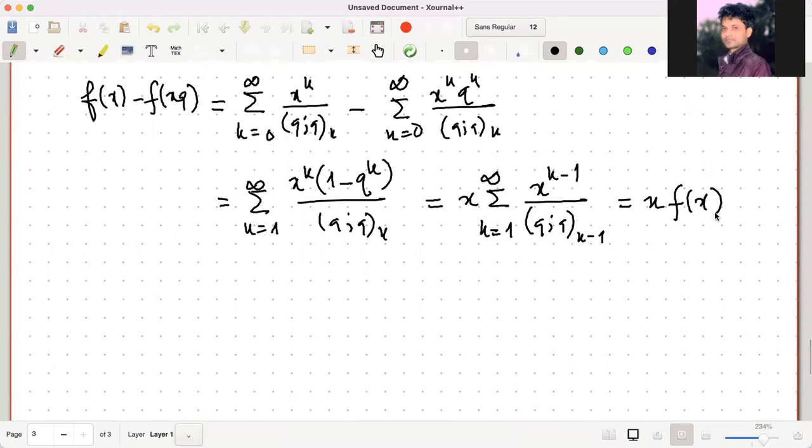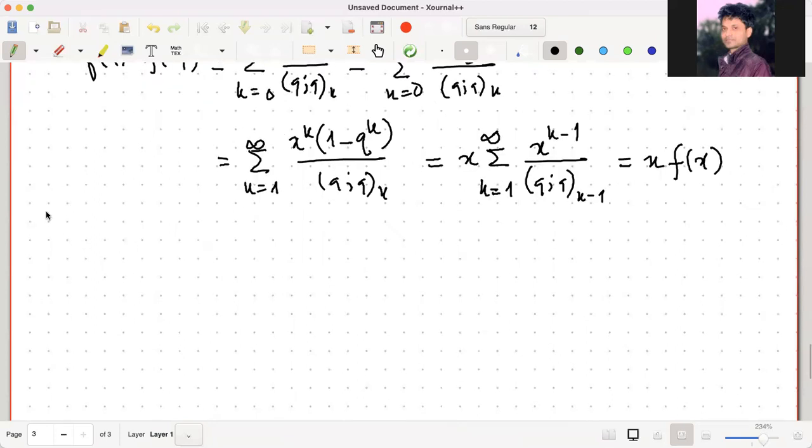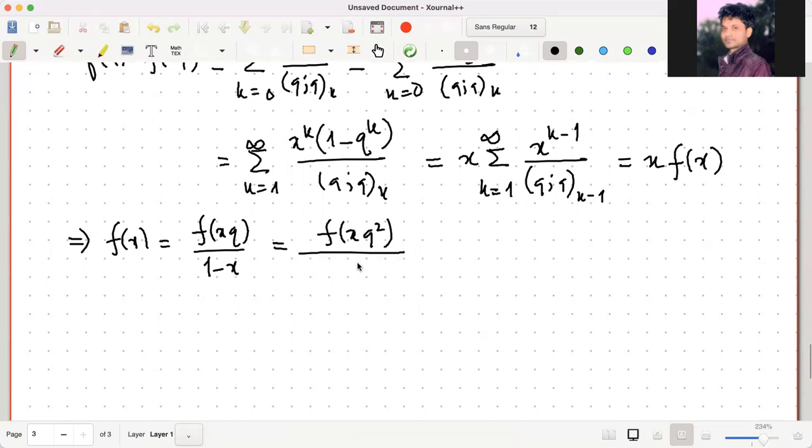So now I have a nice recurrence. This actually gives me that f(x) is equal to f(xq) over 1 minus x. And this in turn will give me f(xq squared) over (1 minus x) times (1 minus xq), something like this.